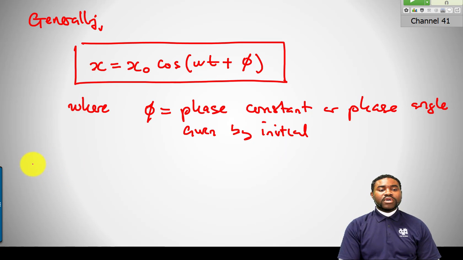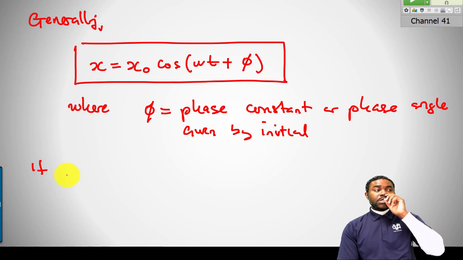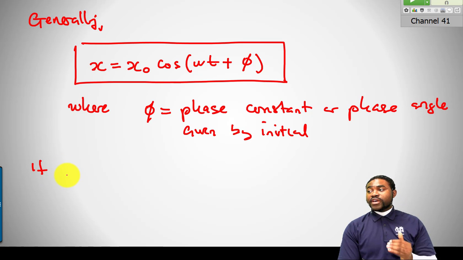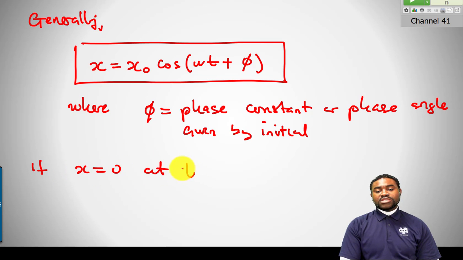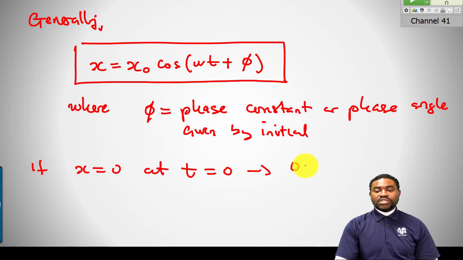For example, when I talk about the initial conditions, I mean the value of x and v at t equal to what? 0. Okay? For example, if x is equal to 0 at t equal to 0, this implies that 0 will be equal to x naught cosine of what?